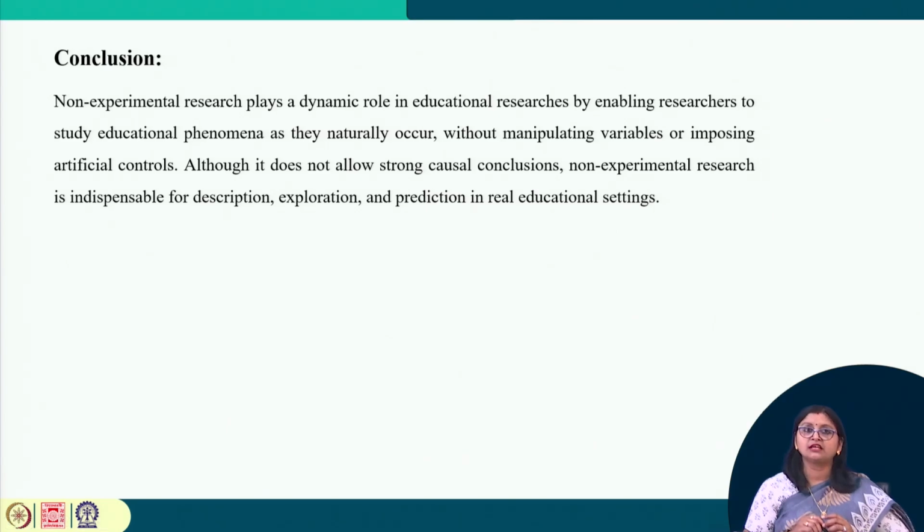Here in this lecture, non-experimental research plays a dynamic role in educational research by enabling researchers to study educational phenomena as they naturally occur, without manipulating variables or imposing artificial controls.